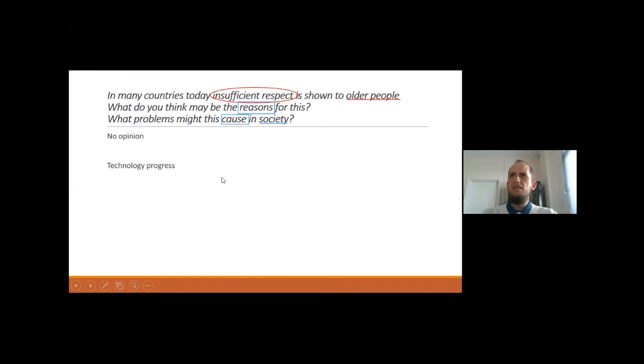And I've said the reason why I think that older people don't get as much respect as in the past is because technology has progressed. Older people are now, in actual fact, many a time less knowledgeable than younger people, because younger people have access to the internet, whereas older people rely mainly on the traditions which they have learnt.